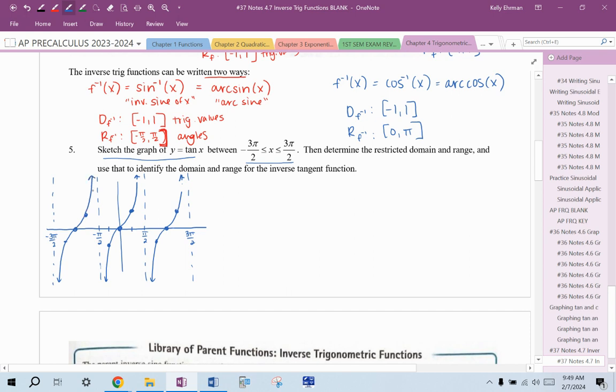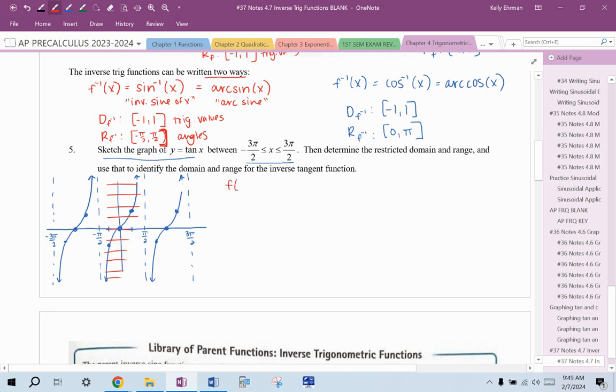So if we use a horizontal line across this window, we fail the horizontal line test. But each individual branch passes the horizontal line test. So if we restrict the domain to the first or original period, just between negative pi over 2 and pi over 2, this one branch passes the horizontal line test.